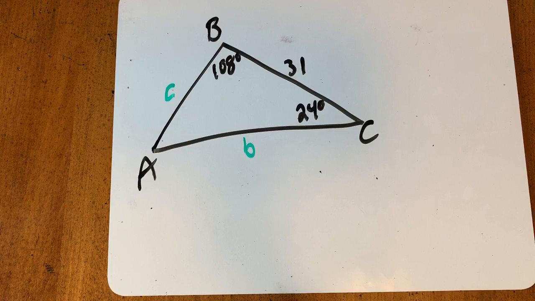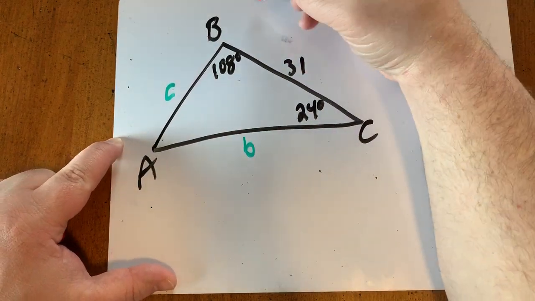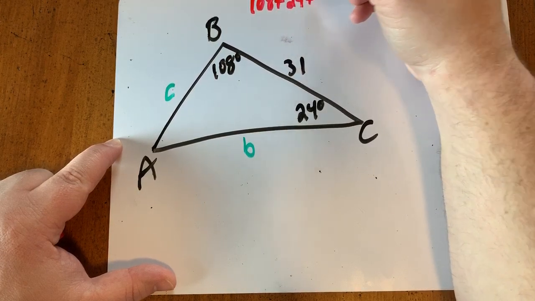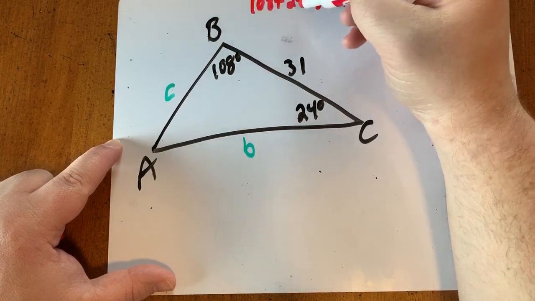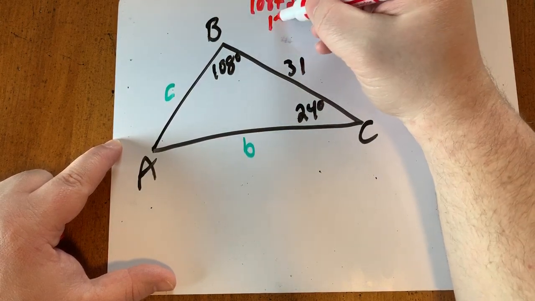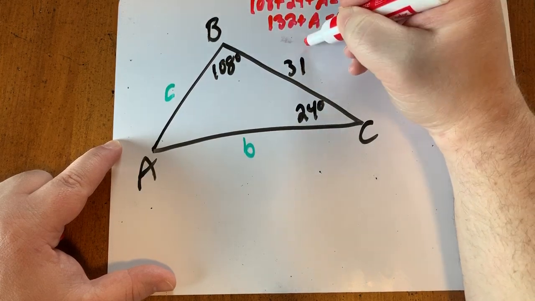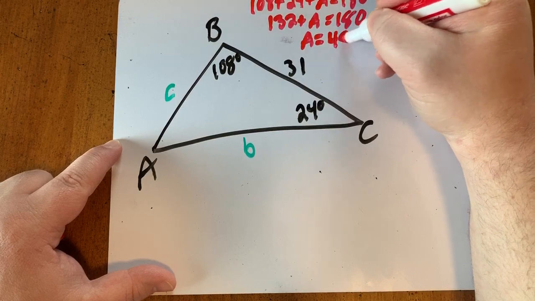Well, we can find out angle A pretty quickly, because if you have two angles in a triangle, then that with the third adds up to 180. So that's 132 plus A equals 180. So that means angle A is 48.